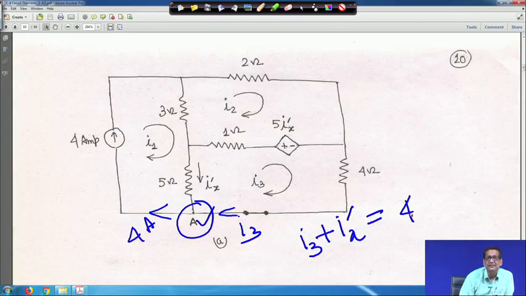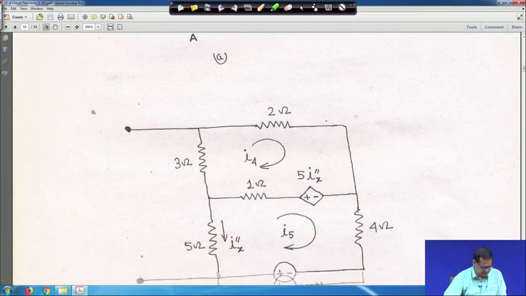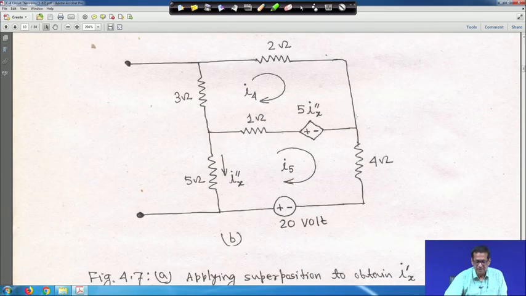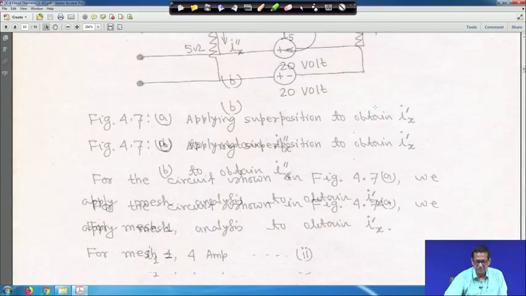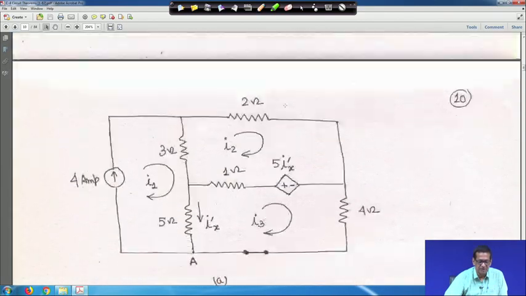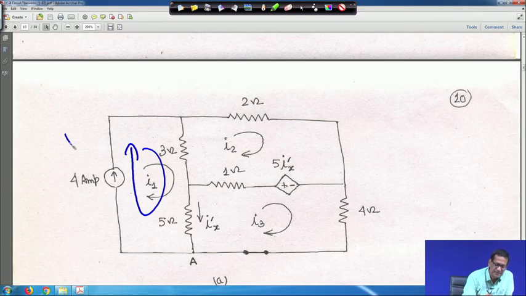So, KCL is needed for solving this circuit. Similarly, in mesh 1, I1 is equal to 4 ampere, because here you are moving in this upward direction along the 4 ampere source.